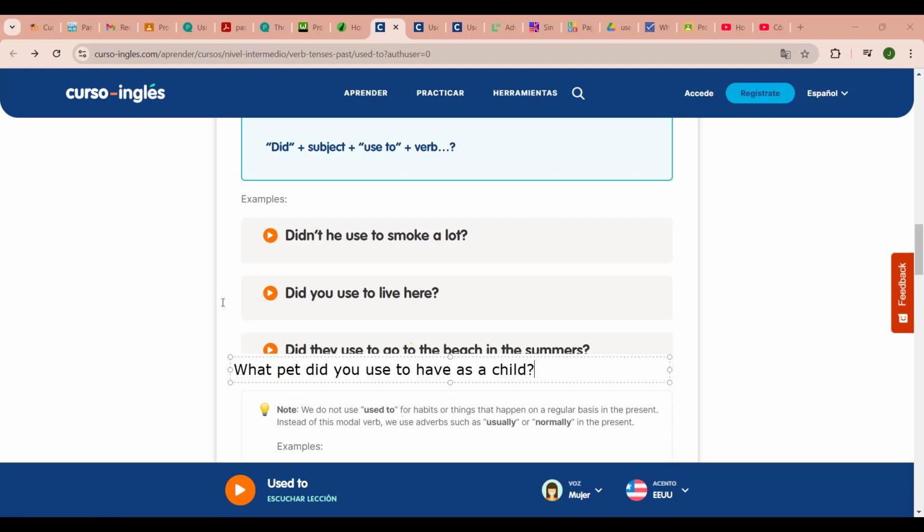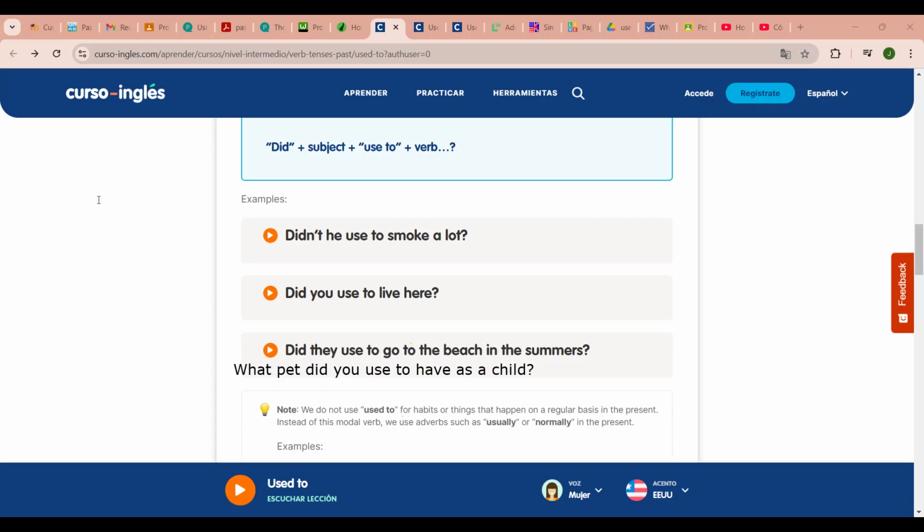This is also very common when asking about past habits. Of course, you used to take care of a pet. Maybe you had a cat, maybe you had a dog, maybe you had both, maybe you had a zoo like me. Use your question word plus your did and used to. That's also something you can do when you're creating a dialogue or something in your forum activities, all right, or in your practice. What else?